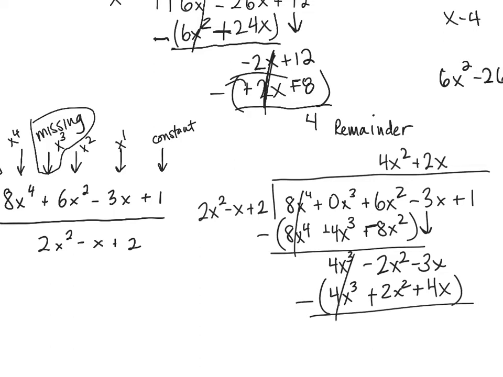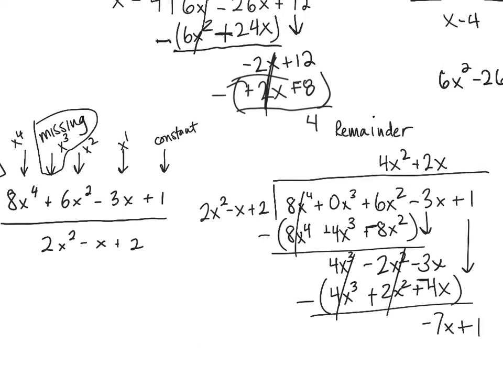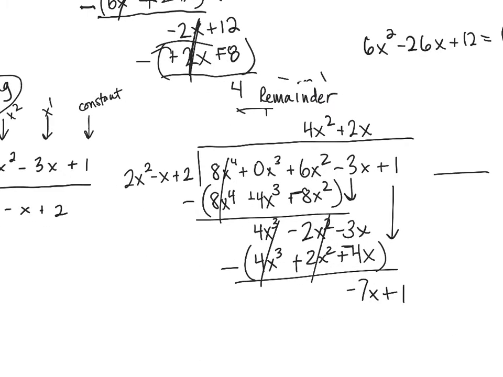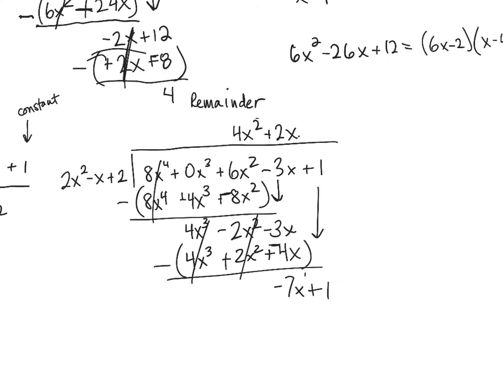This term cancels. That becomes positive, so that term cancels. This becomes negative, so that's negative 7x. We still have this plus 1 here that needs to drop down. So plus 1. Now, this is degree 1. This is degree 2. So this expression here is 1 degree less than that expression, which means now we have our remainder. So we have our quotient here and the remainder there.